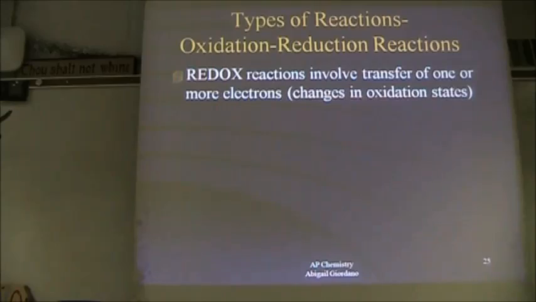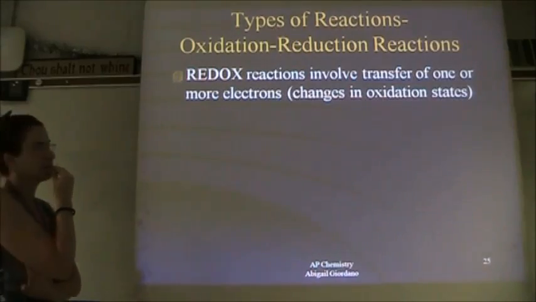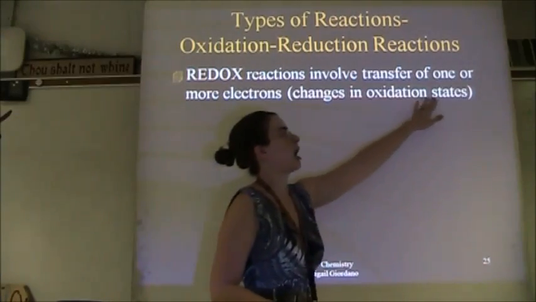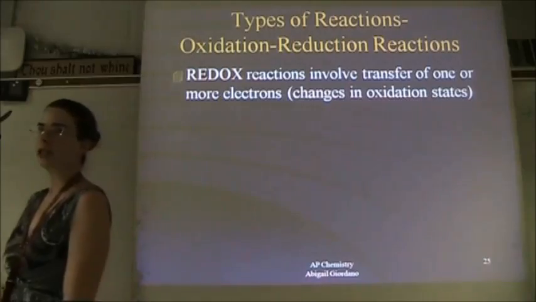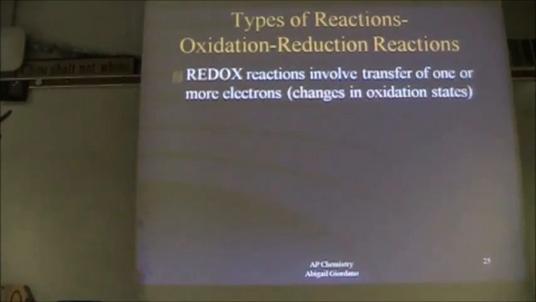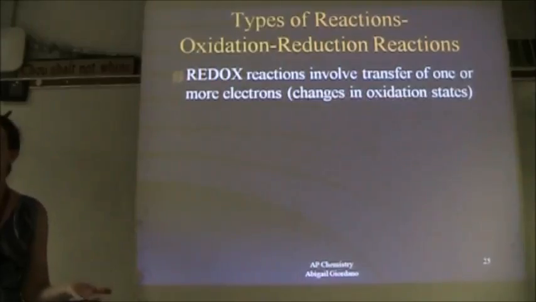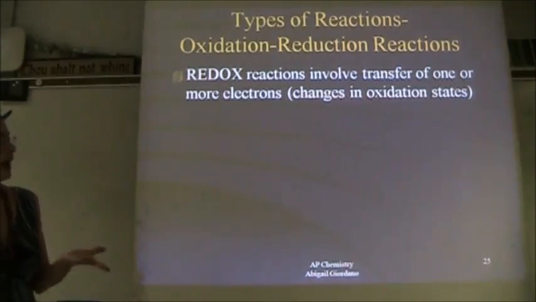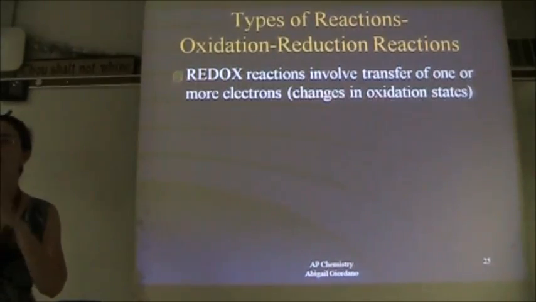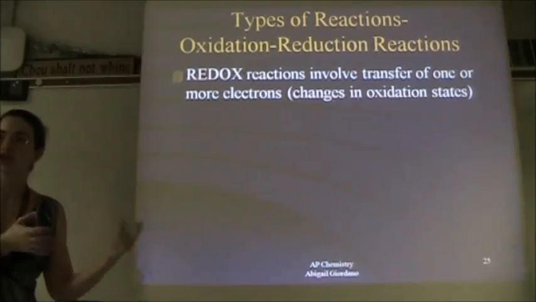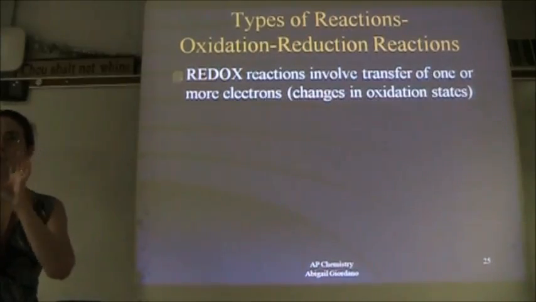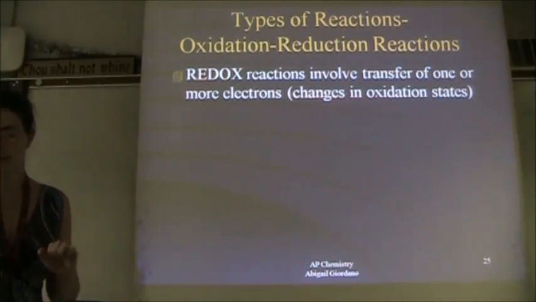Now, tell me please, this term oxidation states, that's just a fancy term that really means what? Charge. Yeah, it's just a fancy term that means charges. Okay, and a redox reaction is defined as when you have 2 or more elements changing charge from reactants to products.